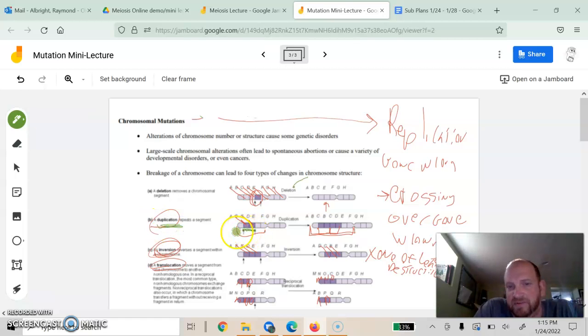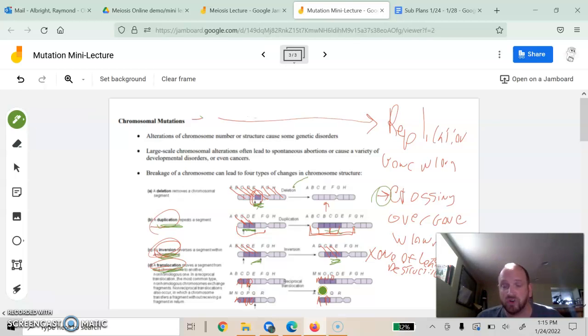That's something that was replicated more times than it should have been. Deletion, something was replicated and not replicated like it was supposed to be, right? Or frequently it could be a problem with crossing over gone wrong. And so that's when you see things like inversion and translocation, where whole chunks of the chromosome are put in different places. So let's talk a little bit about why chromosomal mutations are so bad.